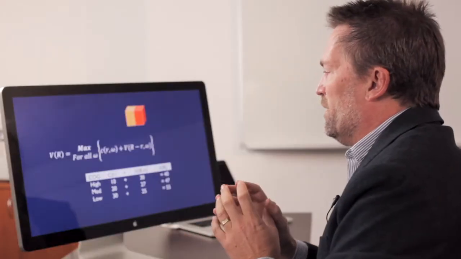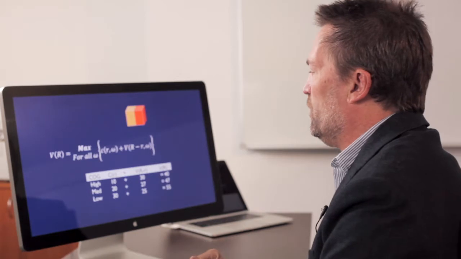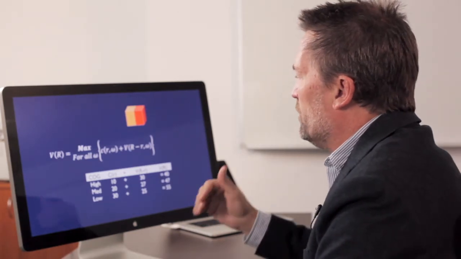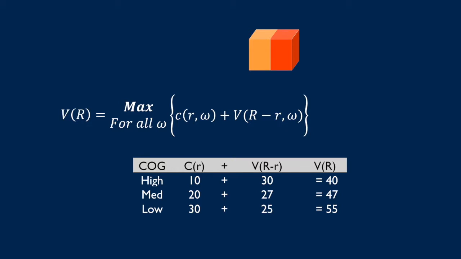And then for the low cutoff grade, we have the same situation where we have a higher cash flow, but our remaining value gets pushed back even further. So the remaining value is now 25. If you sum the cash flow plus the remaining value, you get the total value. You pick the maximum one, which is the low cutoff grade again. And now we know the best cutoff grade decision for the second last increment of rock.